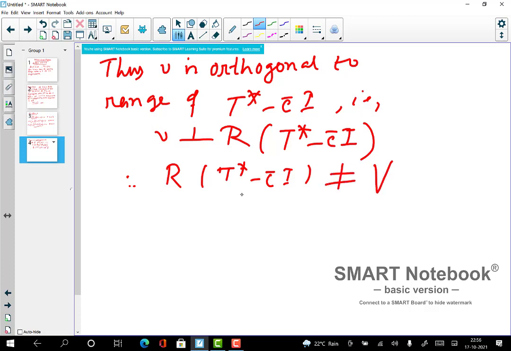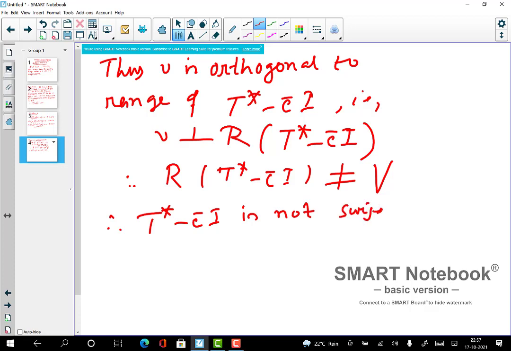There is a non-zero vector orthogonal to it, outside of it, so the range cannot be the full space. That means the operator T star minus c bar I is not onto, right? The range is not the full space, meaning it's not surjective.